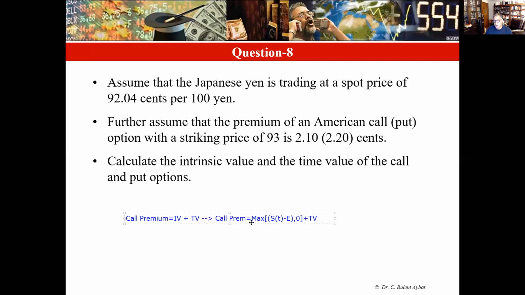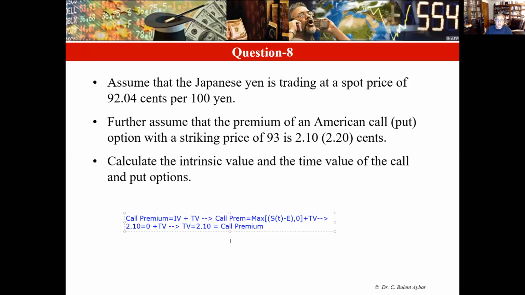Therefore, the intrinsic value of this option is 0. So the entire value in this particular case is time value. Since the option premium is 2.10 and intrinsic value is 0, the time value has to be 2.10, which is equal to the entire call premium, right?